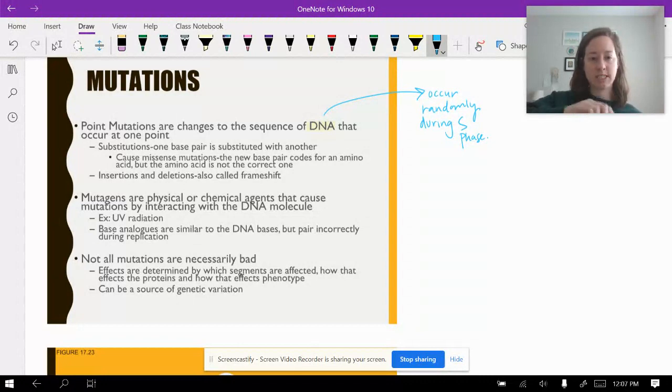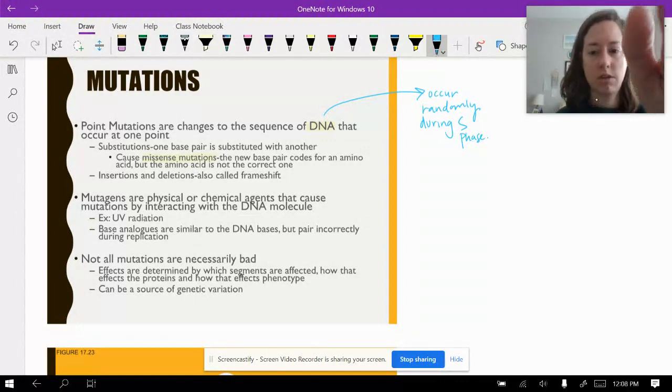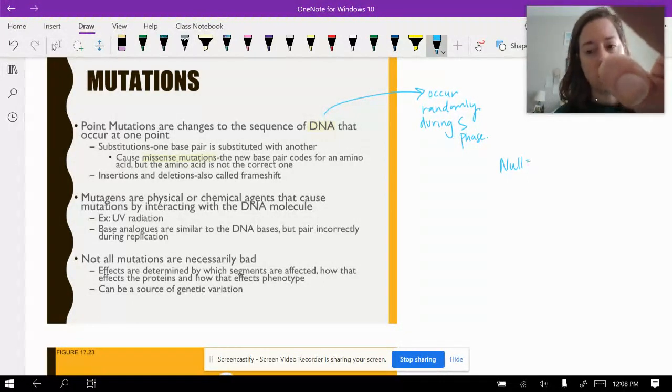Substitutions cause missense mutations, which is this right here, where the new base codes for a different amino acid and not the correct one. It is possible that it could have no effect at all, and those are called null mutations. I'll just say over here, null equals no effect on organism.